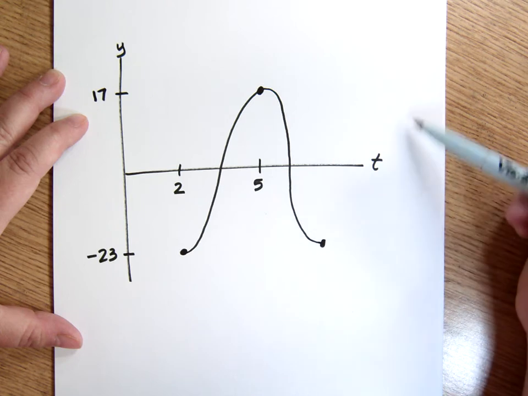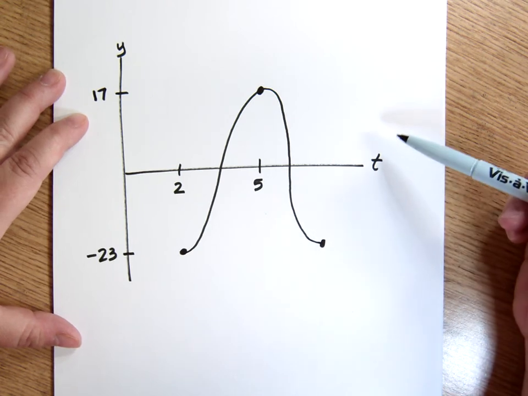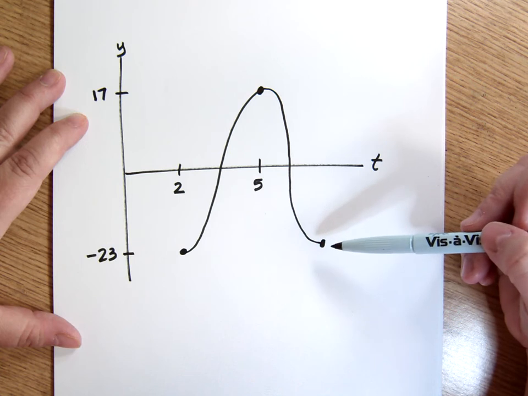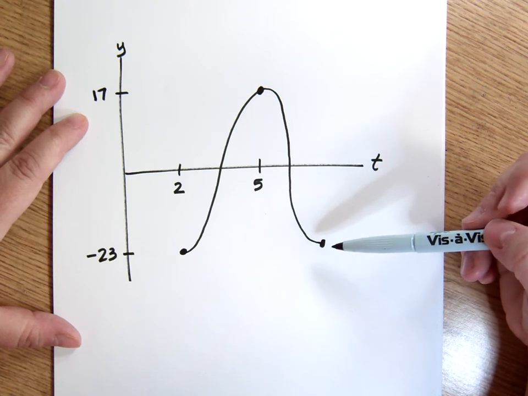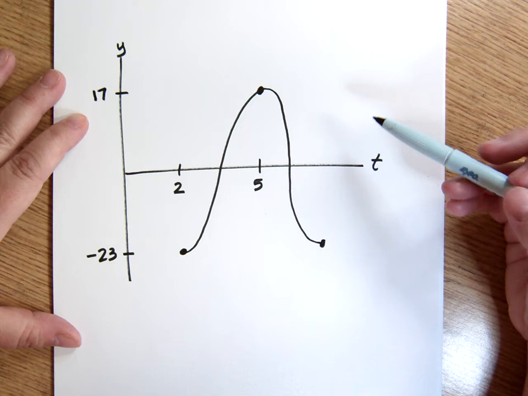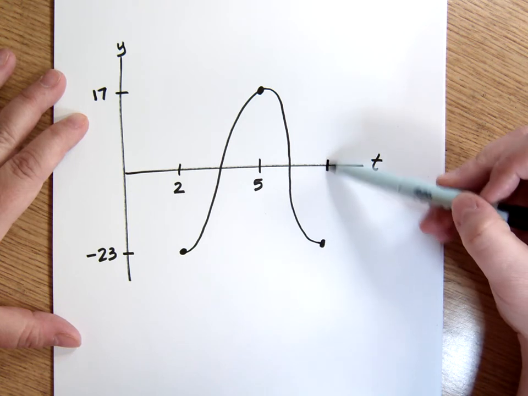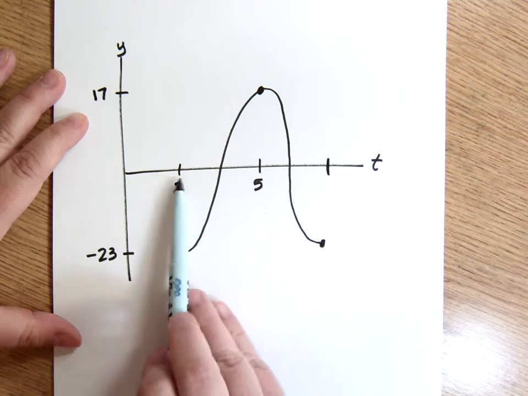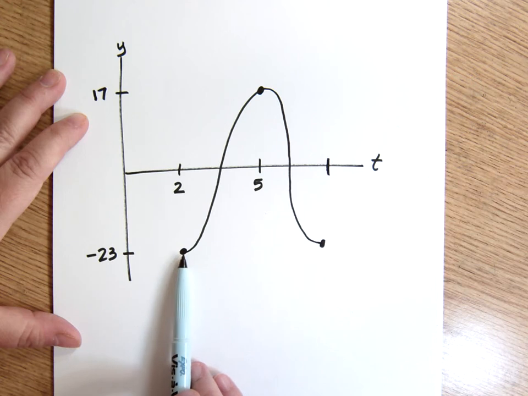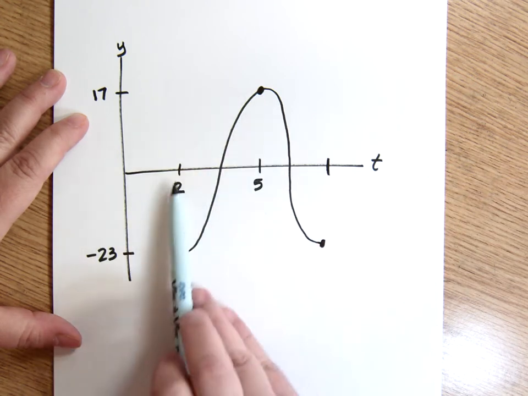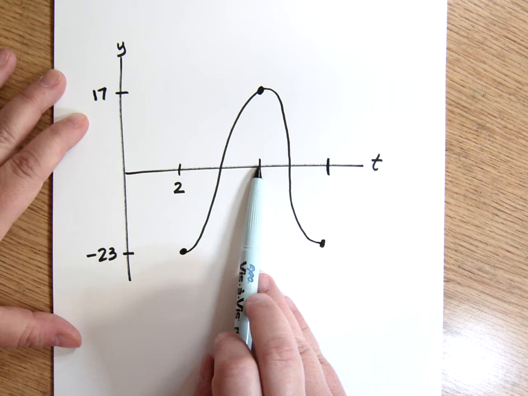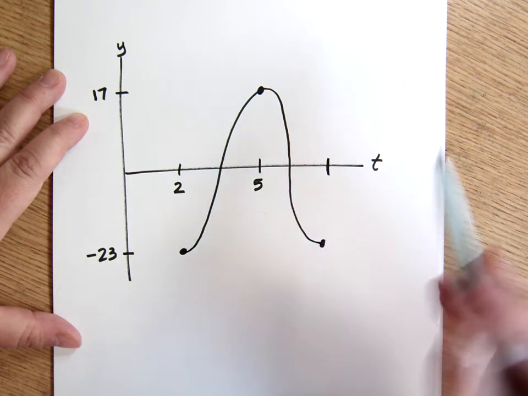I could keep going, but if I only want to graph one cycle of it, then I would stop there. And we've been doing a lot where we're just graphing one cycle. Okay, so I'd like to figure out where this is. It took him 3 seconds to go from this end of his swing all the way back to the other end. So we can also assume it takes him 3 seconds to go back the other way.